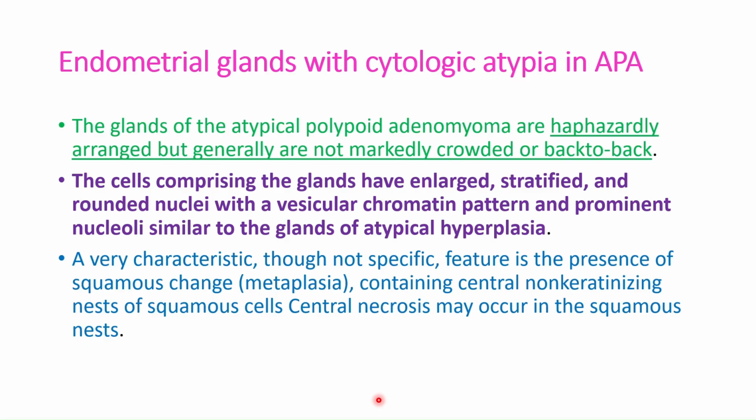Now, how will you diagnose, or what are the features that favor cytological atypia in APA? The glands are haphazardly arranged but not markedly crowded or back-to-back. Second, cells of the glands have enlarged, stratified, rounded nuclei with vesicular chromatin pattern and prominent nucleoli, similar to the glands of atypical hyperplasia.